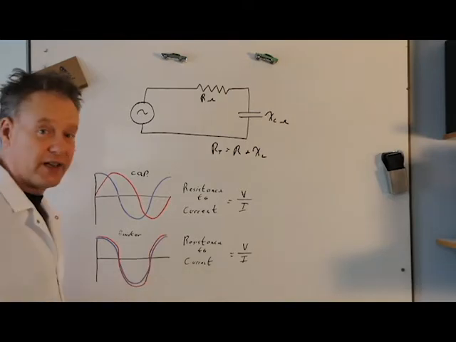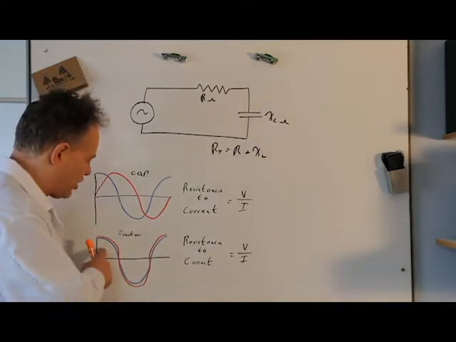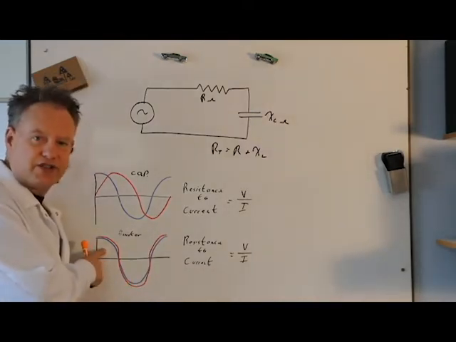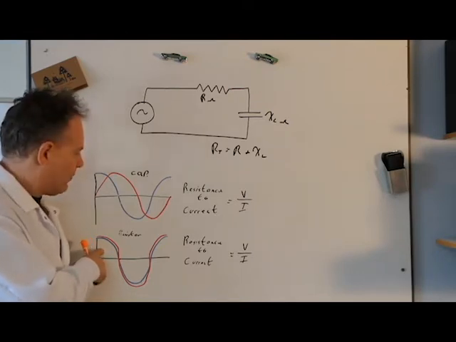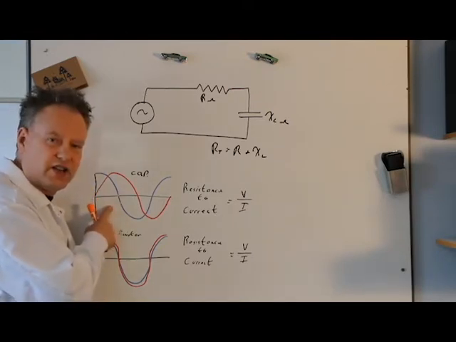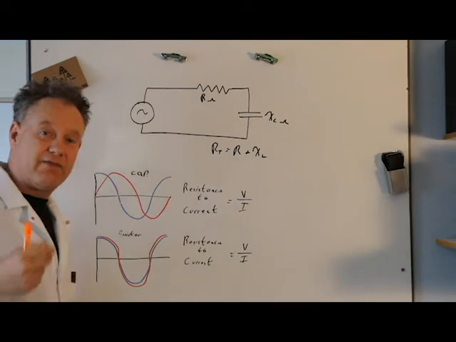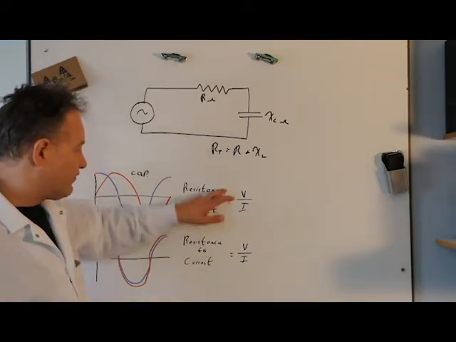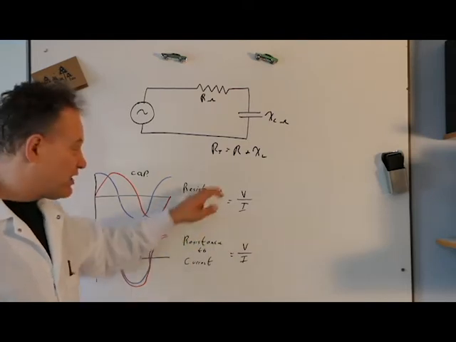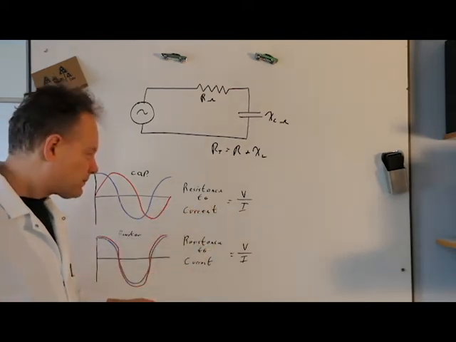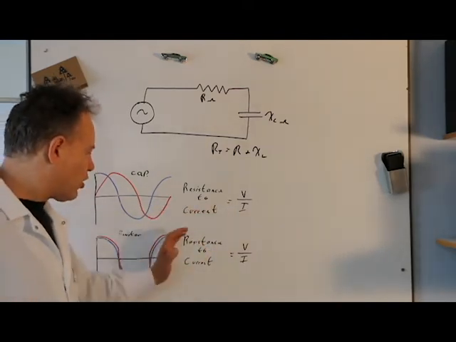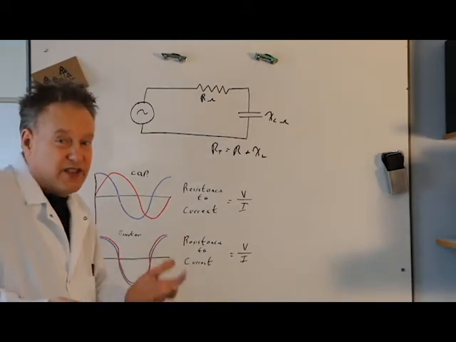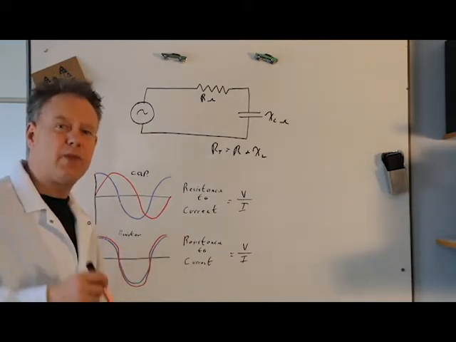We know that the current and the voltage across the resistor are in phase. But the current and voltage across this are different. If we define R using Ohm's Law, which is V over I, resistance is V over I. In both of these, resistance is still V over I. But the problem is this.